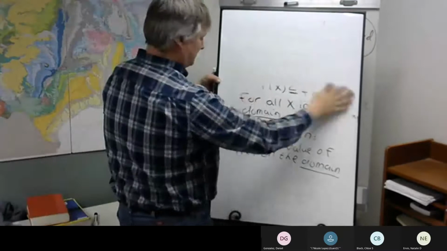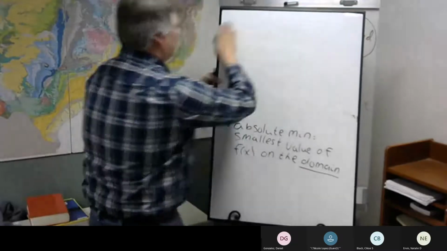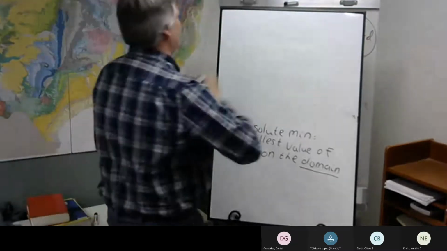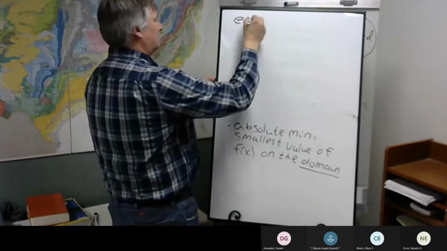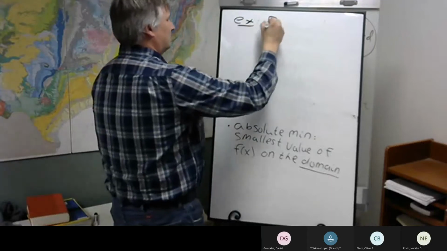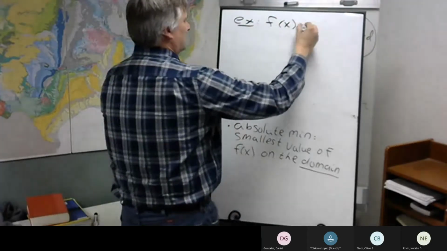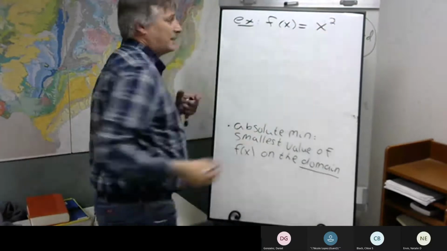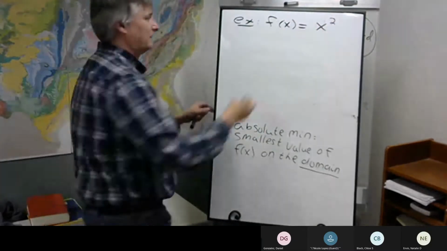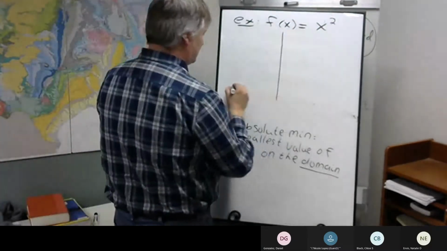Well, here, I'll do a picture. Take f of x equals x squared, and the absolute minimum.